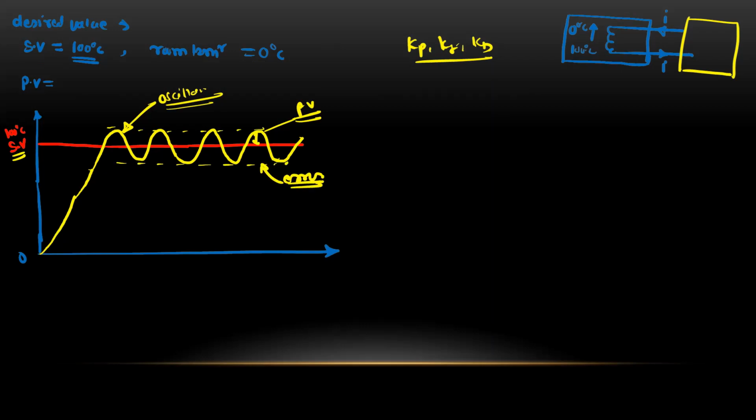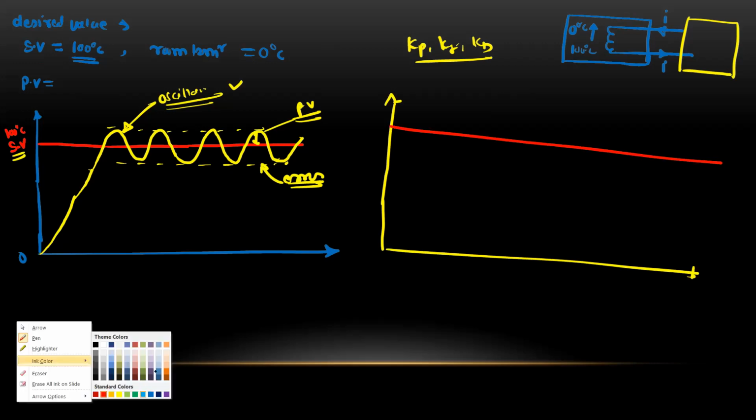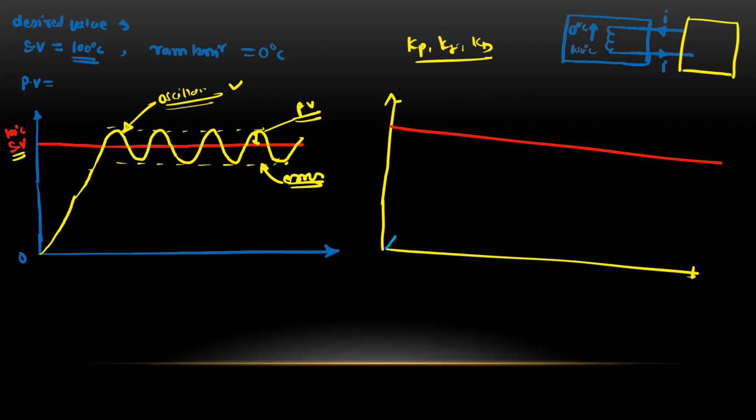Okay. So to minimize this error, to minimize this oscillation, so that we will get one very steady output like this. So if this is the required value, then we will expect the output must be like this.